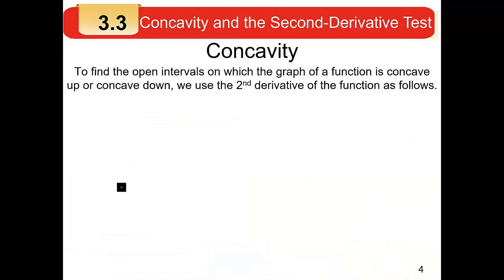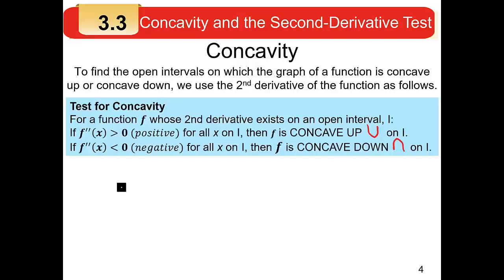Now, obviously, we're going to want to find the intervals where this concavity happens. And we'll end up using the second derivative to find those intervals as follows. There's a test for concavity.